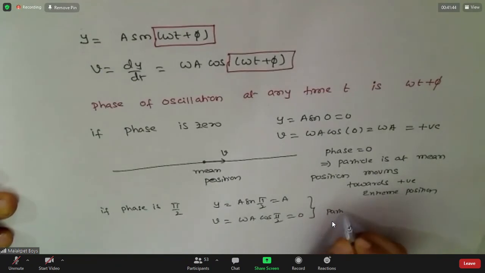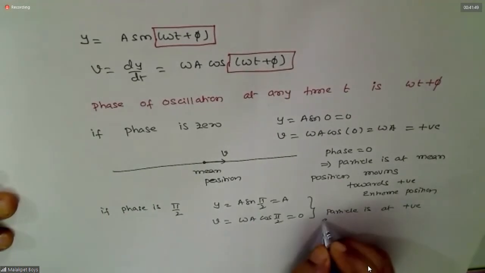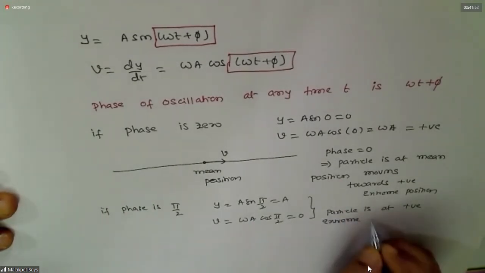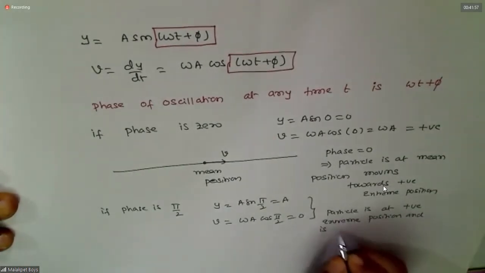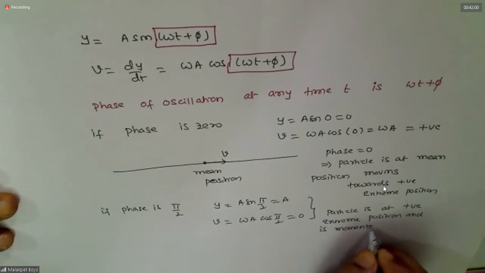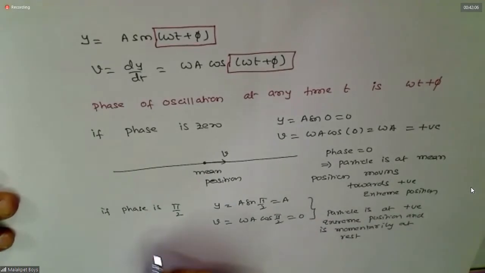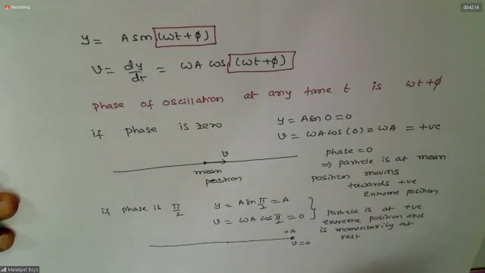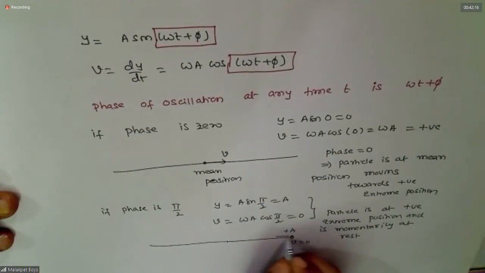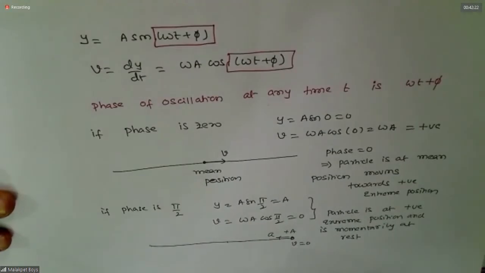The particle is at the positive extreme position and momentarily at rest, not permanently. It will again come back, because of the restoring force. Permanently at rest means it won't come back. So V is 0 and this is plus A. The particle is located here. There is an acceleration, of course. Clear?